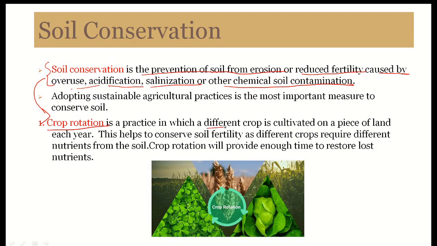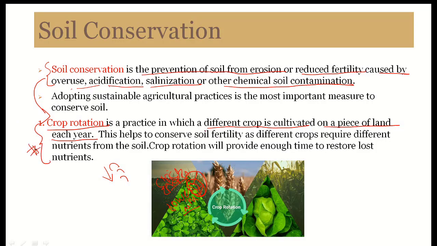Different crops are cultivated on a piece of land each year. The same crops are not maintained each year; they change the crops according to the season. Like rice needs more phosphates and jowar needs more nitrogen. When these two different crops are grown within a year, the fertility of the soil will be maintained. That is the plan of crop rotation.